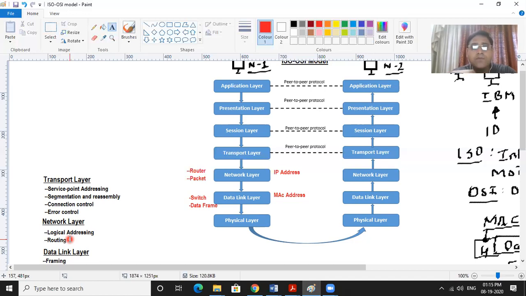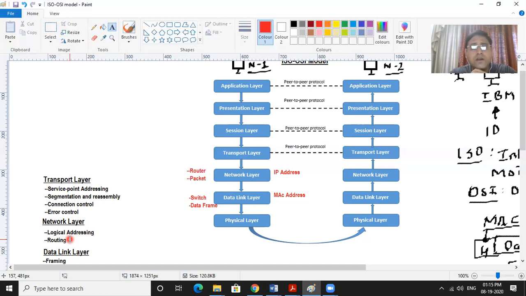So at the time of these congestions, you try to find out the shortest path. Along with that shortest path, there are some other metrics as well. You will see where is the higher load and which route has less load, and the bandwidth as well, and how much congestion is there.